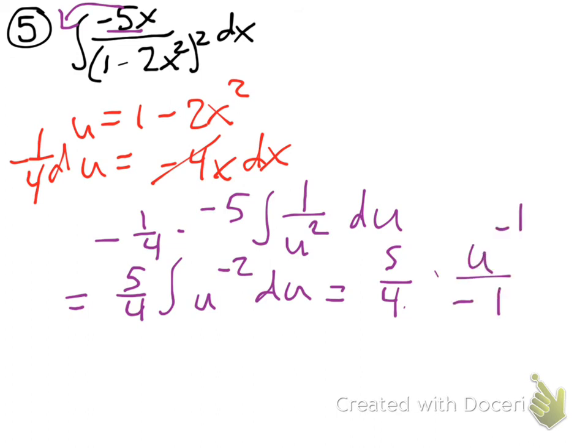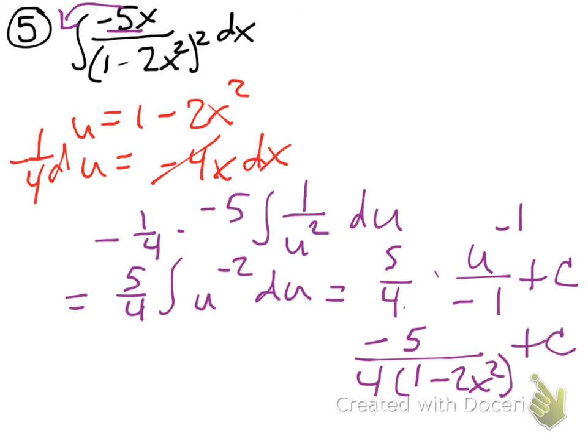So, of course, my final answer, oh, my plus c, is going to be negative 5 over 4 times 1 minus 2x squared plus c.